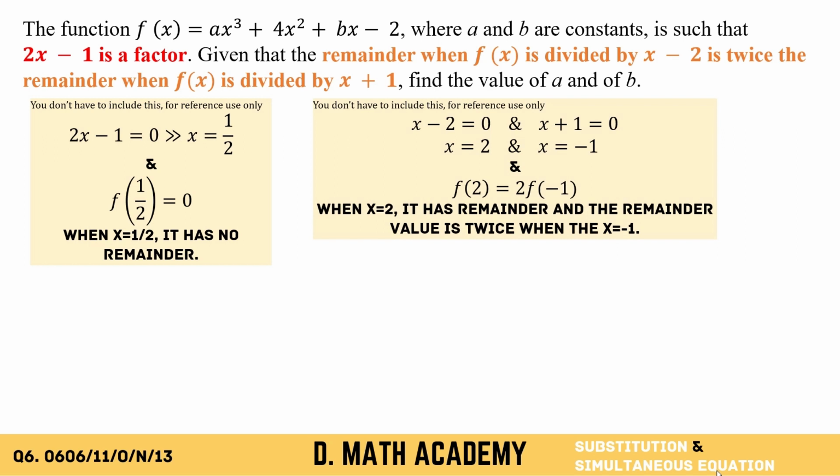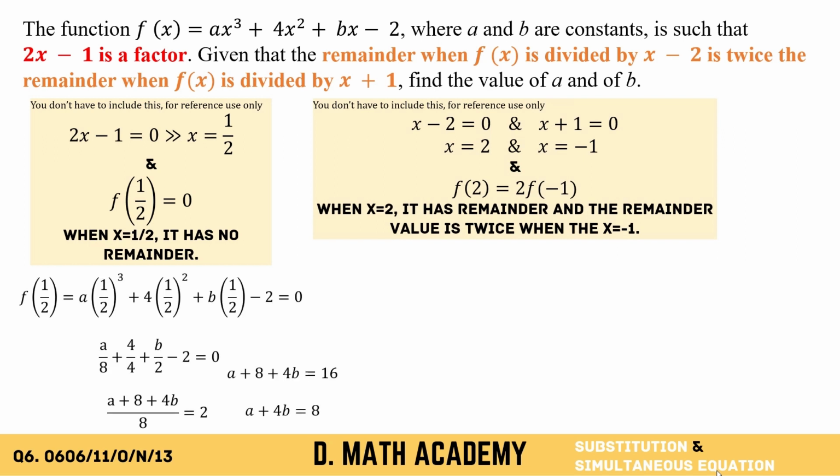So when x was substituted with 2, it is twice the value it was substituted with negative 1. So I run the substitution calculation. From part 1, I got a plus 4b equals 8 as the final result. Try not to leave any fraction in your simultaneous equation because it's harder to calculate.